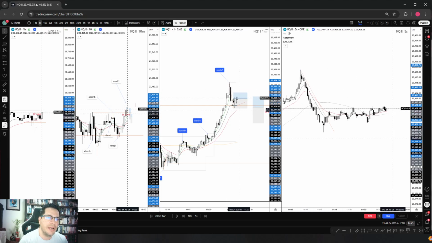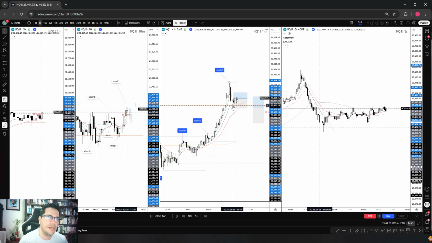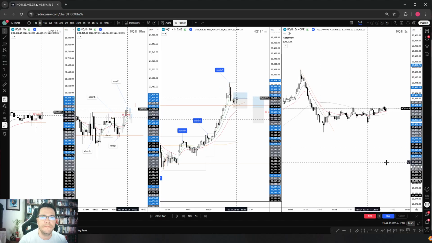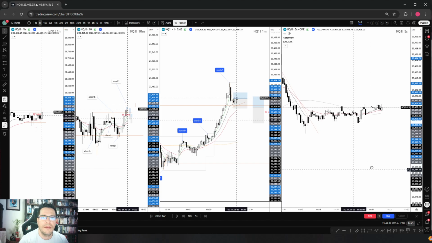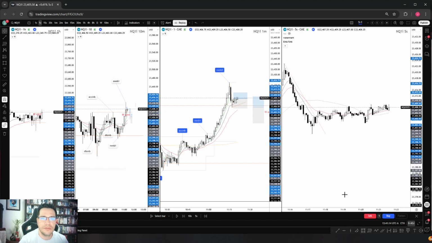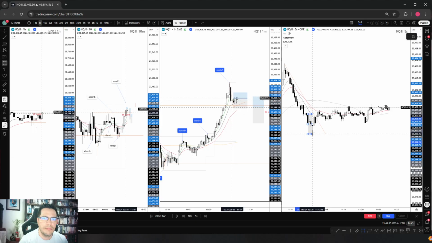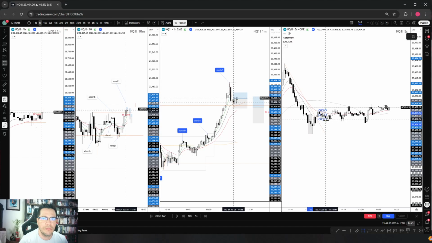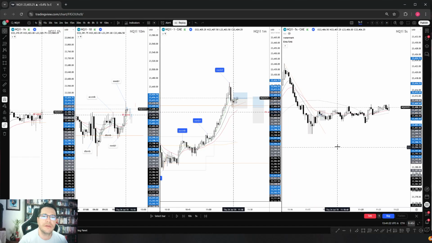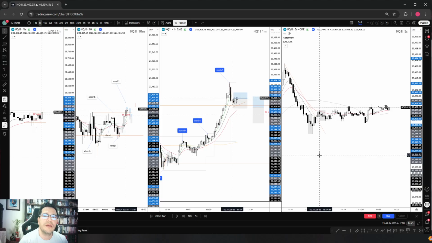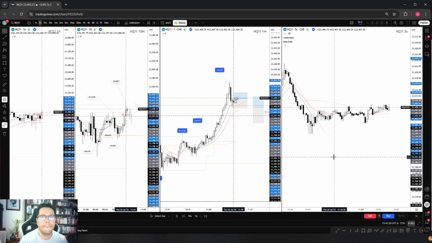Price came back here, flushing to the 20 EMA, and then we had the buildup of a double MB, which could be right here, some sort of, let's see the time, 11:18:30. Yeah, that's actually the trade.